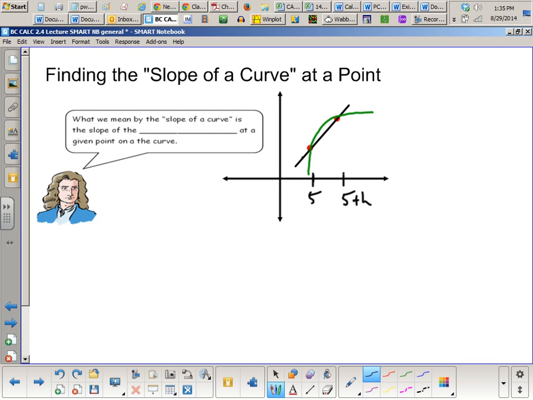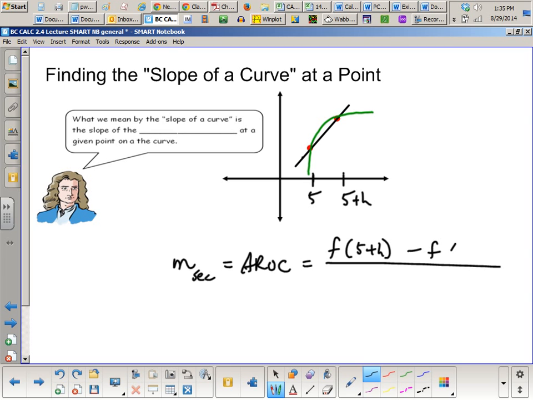Let's see. What's the slope of the secant line? The slope of the secant line, also known as the average rate of change, is going to be f of 5 plus h minus f of 5 all over 5 plus h minus 5. Why?